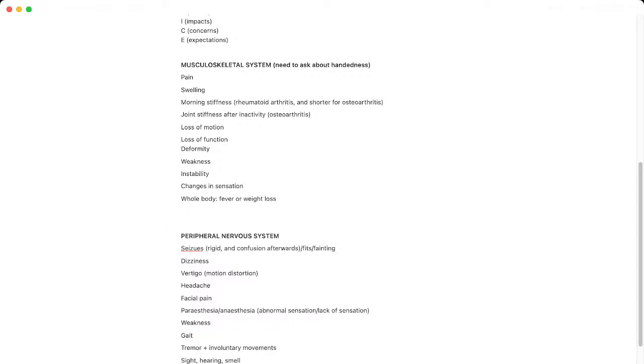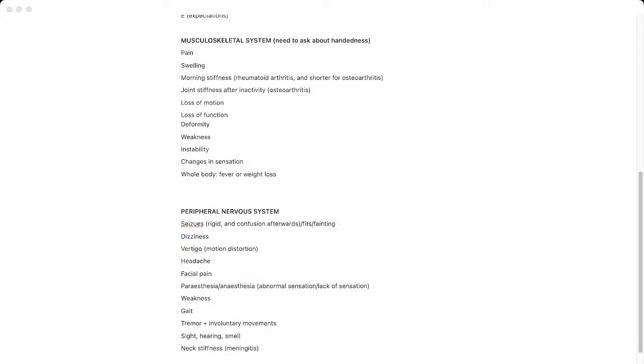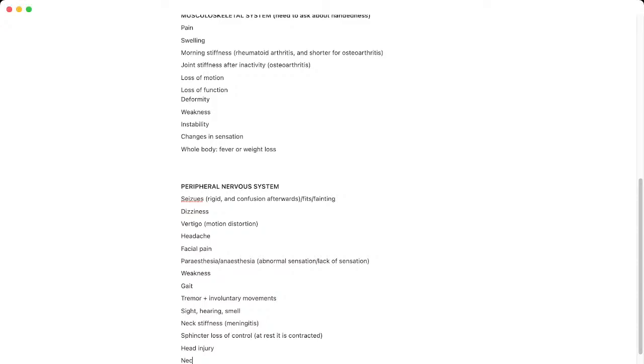Neck stiffness, wasn't it meningitis? Sphincter, loss of control, keeping in mind that at rest it is contracted. Head injury with loss of consciousness. Injury, neck or back pain.